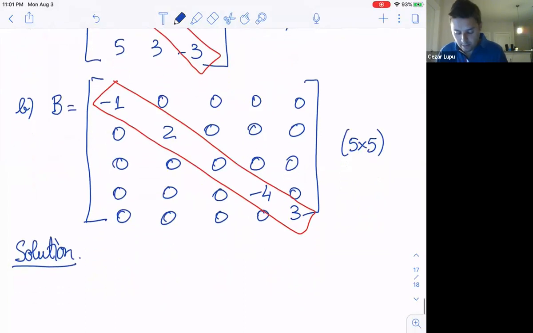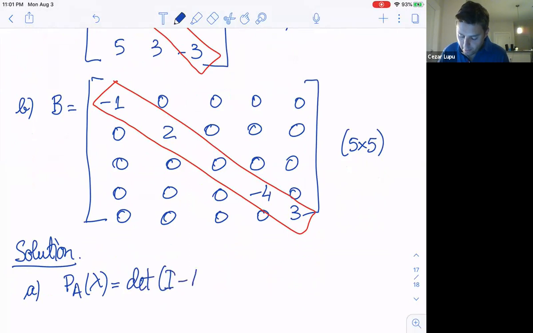So you can do like this. You just set up the characteristic polynomial to be equal to 0, which is the determinant of lambda I minus A. Anyway, I'll leave it to you. You set it equal to 0, and then you find the eigenvalues.